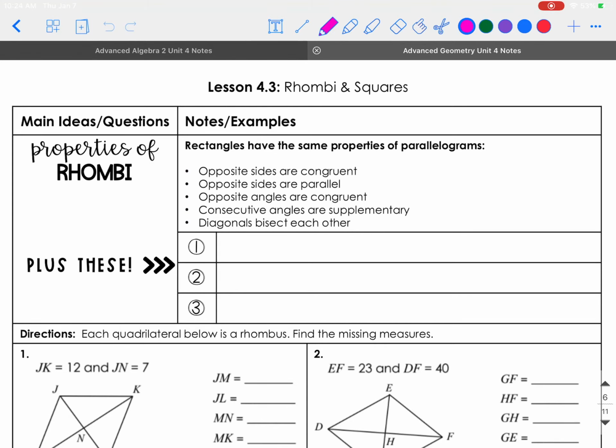Number 1, all 4 sides are congruent. Number 2, the diagonals are perpendicular.